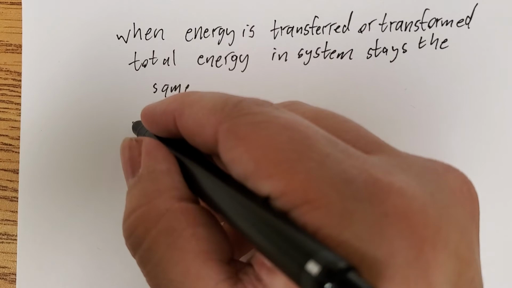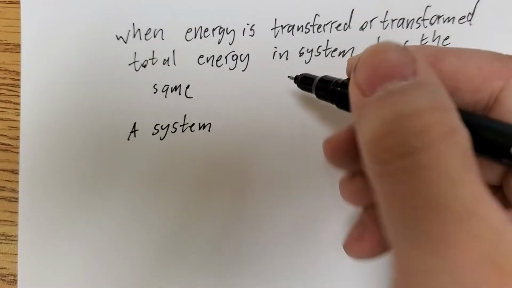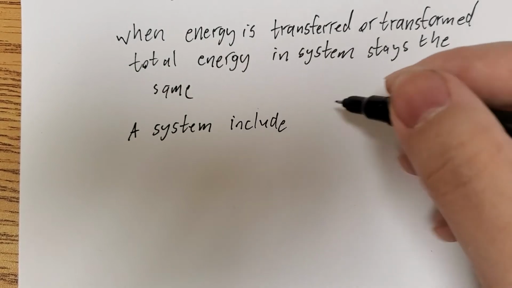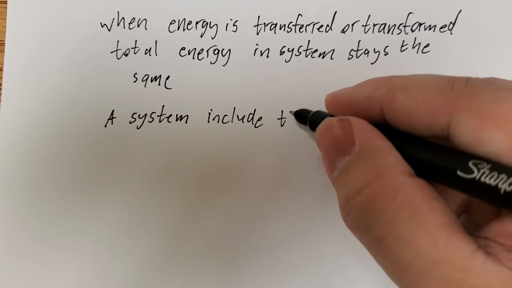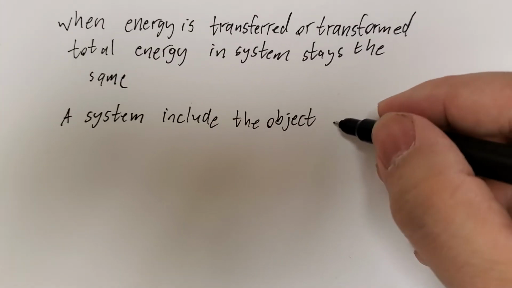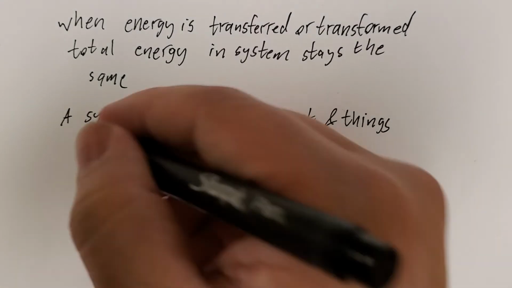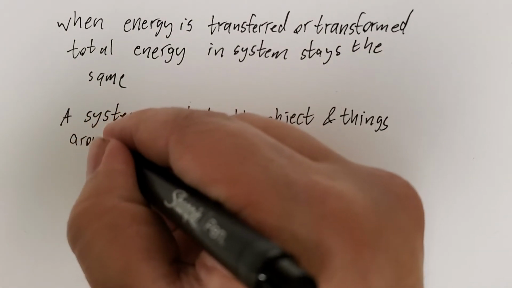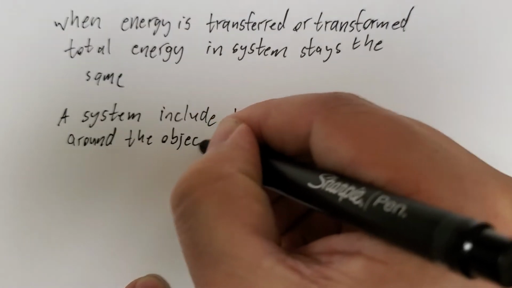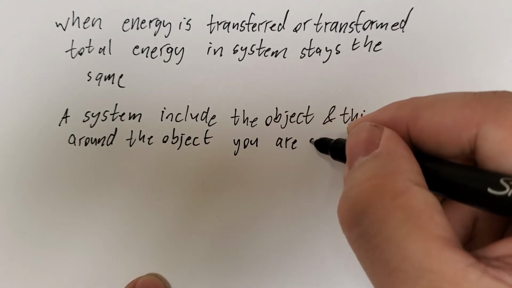Okay, so well, what is a system then? So a system includes the object and things around the object you are studying.